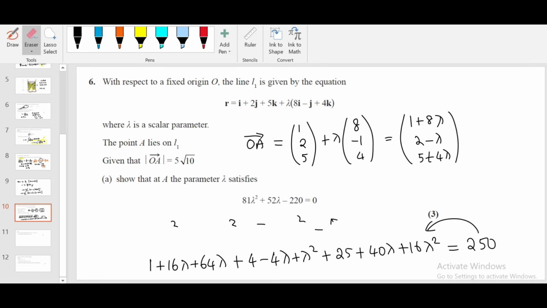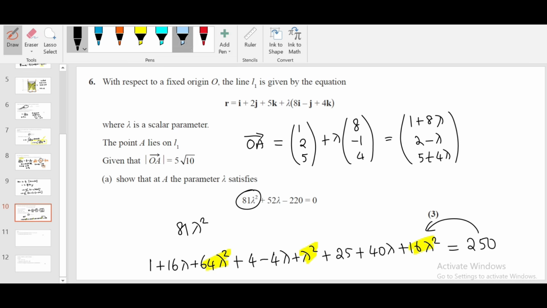So I'm going to simplify the like terms here. Let's look at lambda square. Sorry, here this should be 64 lambda square, right? 1 plus 64 is 65, plus 16 is 81 lambda square. We got the first term already.